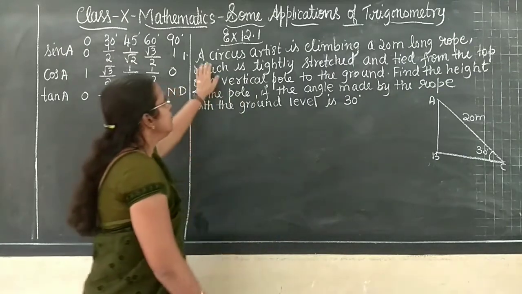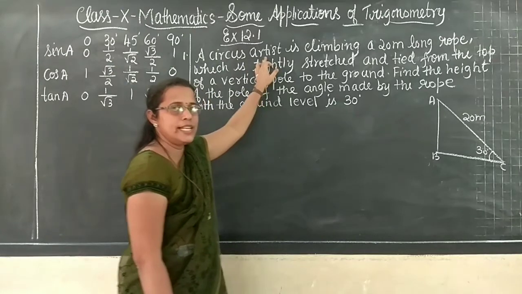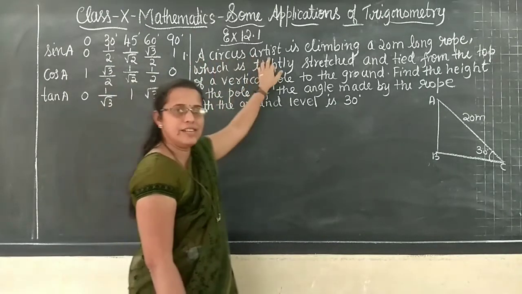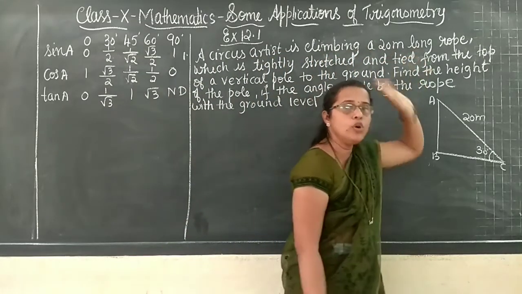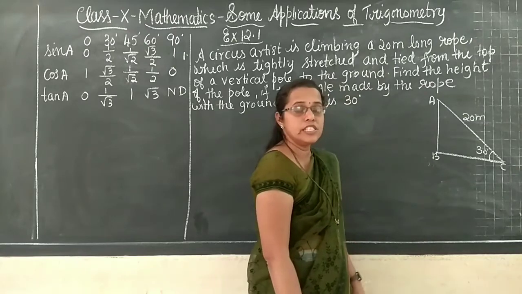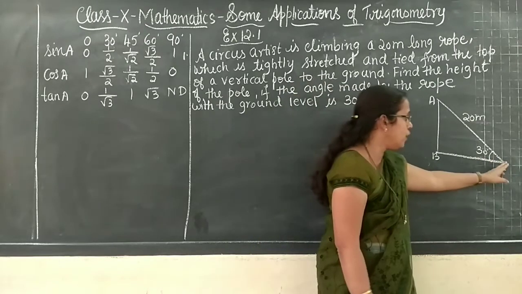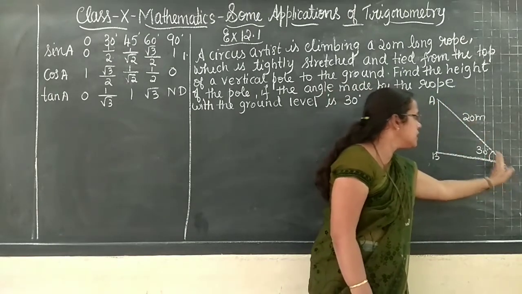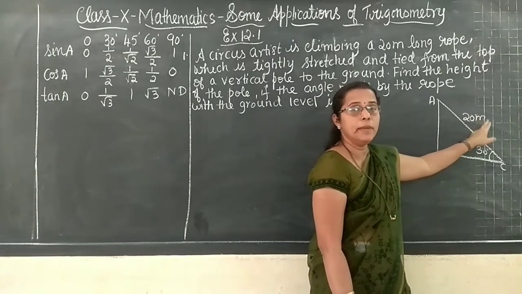Now see here. A circus artist. You know circus, children. Everybody likes circus. So a circus artist is climbing a 20 meter long rope. So this is the rope, and the circus artist is climbing this rope. How lengthy is the rope? 20 meter length.